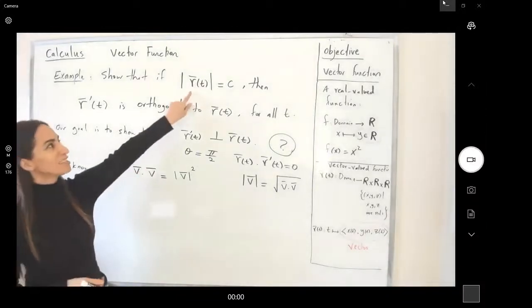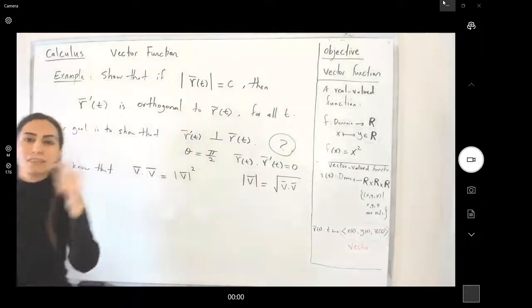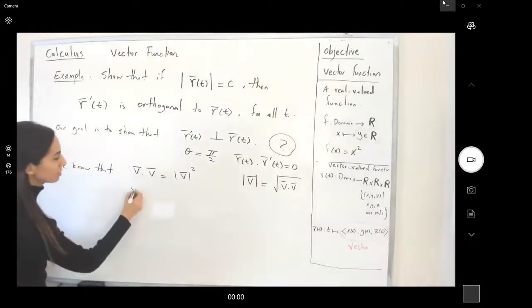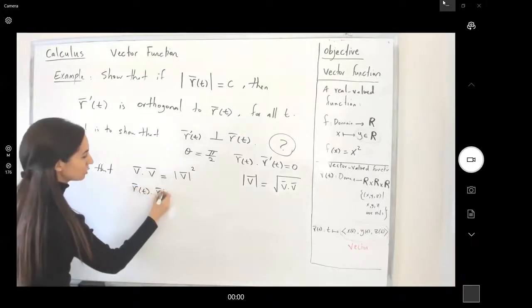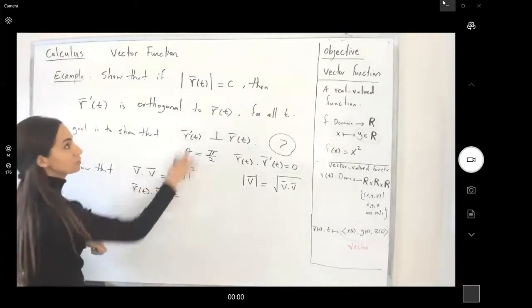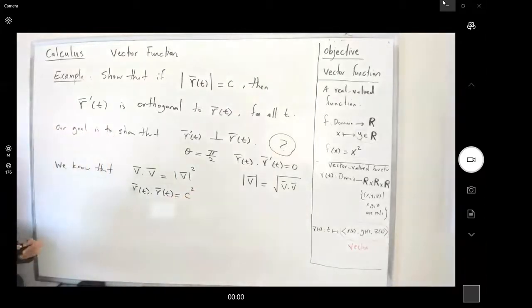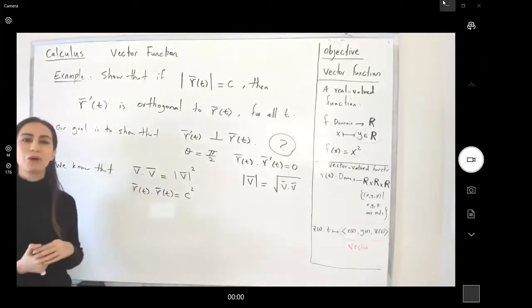We know that the magnitude of this vector is equal to a constant, like c. So r of t dot r of t is equal to the magnitude squared, which is c squared. You have a dot product between two vectors.